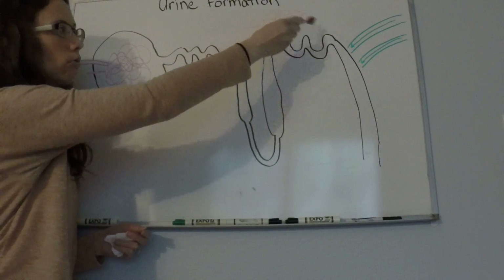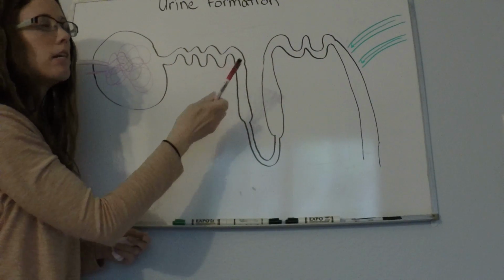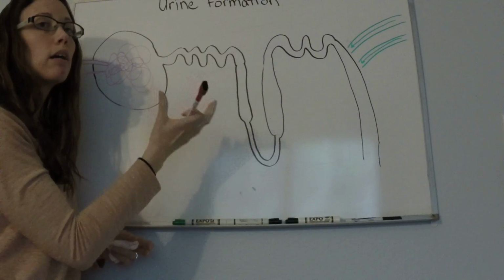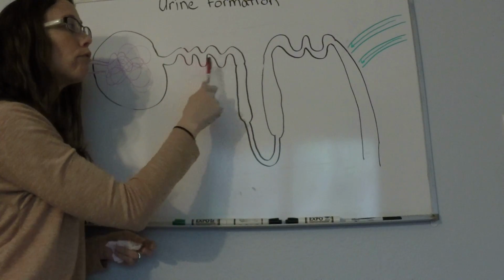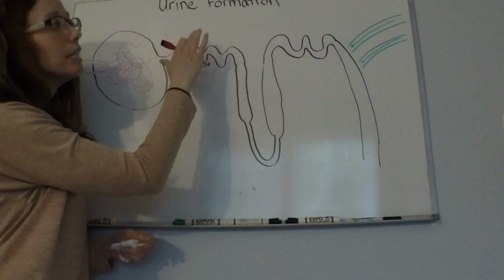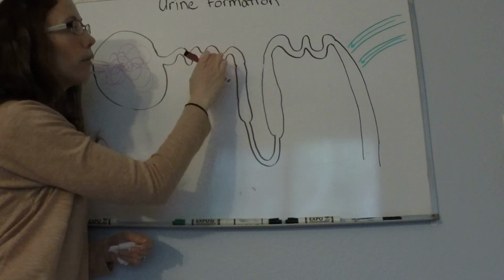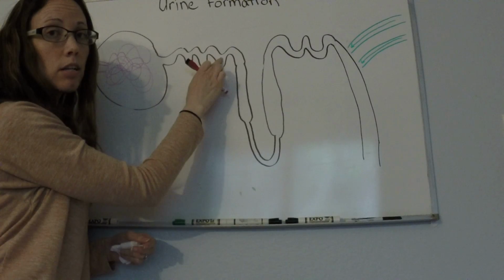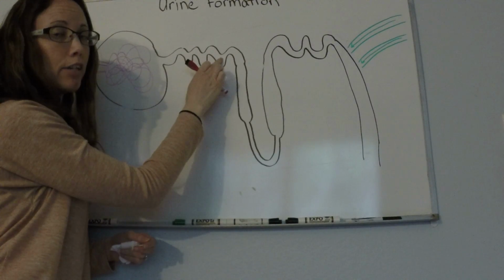These tubules are surrounded by peritubular capillaries, and so they're constantly pulling solutes and water from the filtrate fluid. Secretion means stuff is leaving the capillaries and going into the tubules for excretion in the urine.